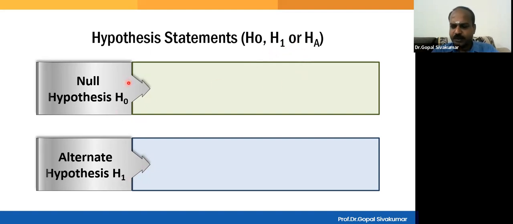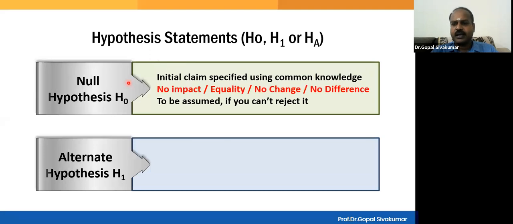So what is null hypothesis? Null hypothesis is the initial claim specified using common knowledge. When you have three suppliers, the company believes that all the three suppliers perform at the same level. So whenever you make a statement based on common knowledge, isn't it?